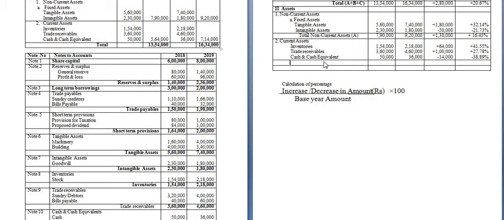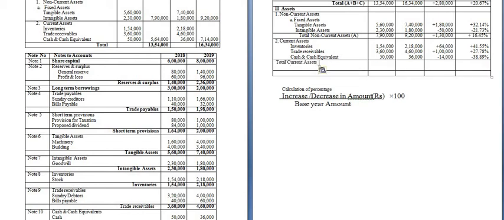So first write here total current assets in bracket B. Now make the total: 1,54,000 plus 3,60,000 plus 50,000.